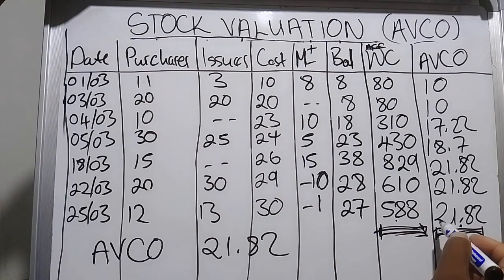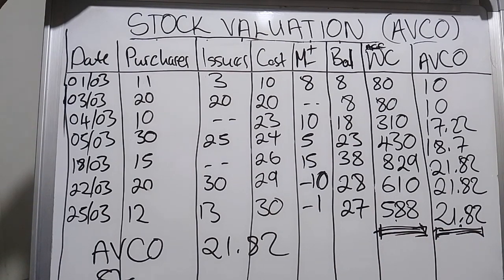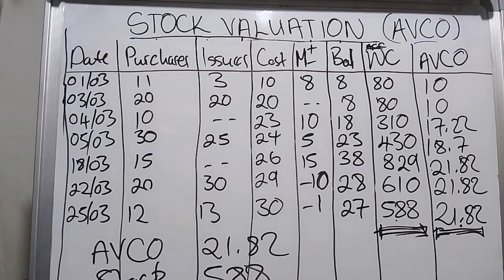Then the stock value will be 588. So in the first question they might ask you to calculate this average cost. Then in the second question, they will tell you there were maybe 10,000 or 500 units in stock, and ask you what was the value of the stock. Now you have to take this average cost that you have calculated here and multiply by the number of units that you will be given.